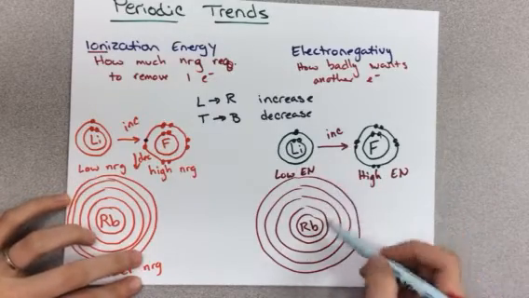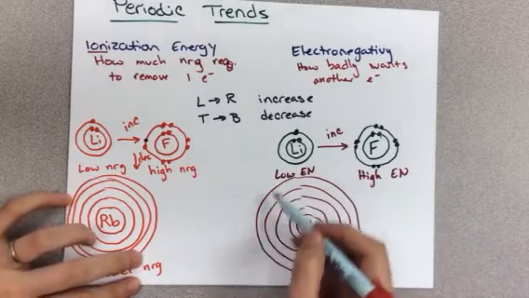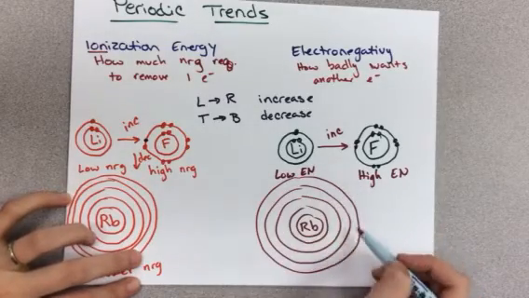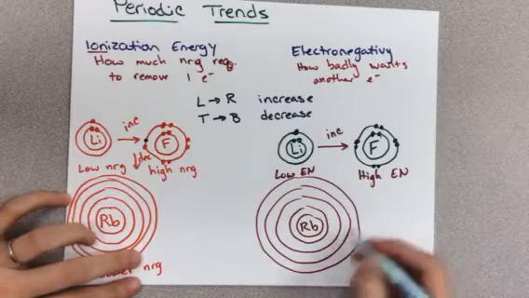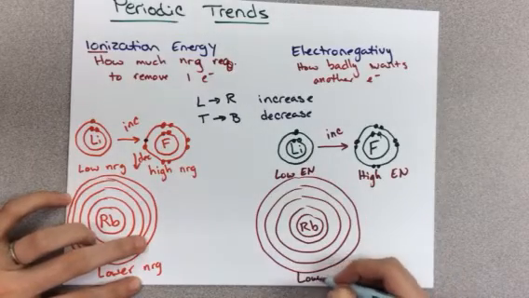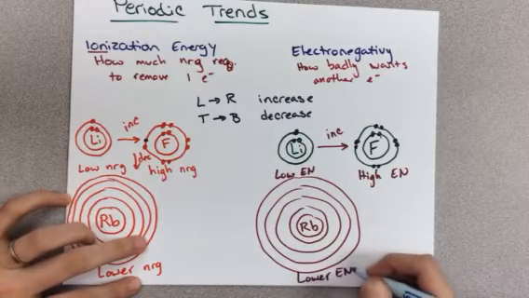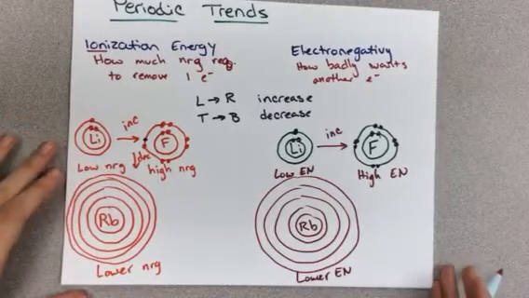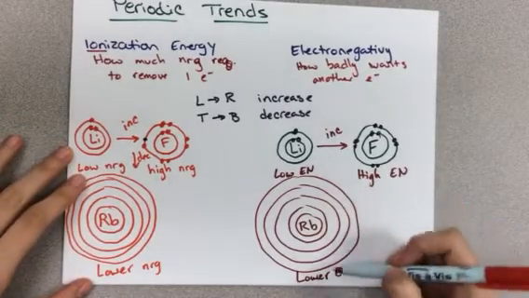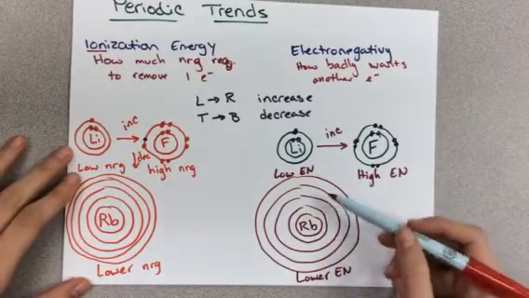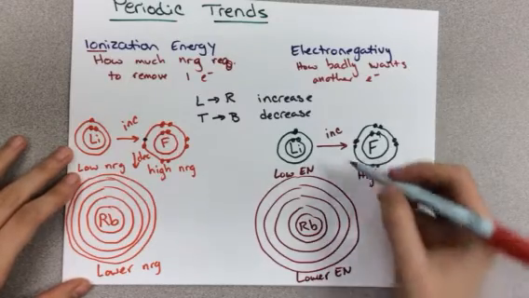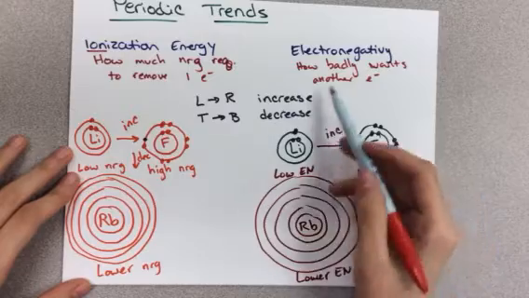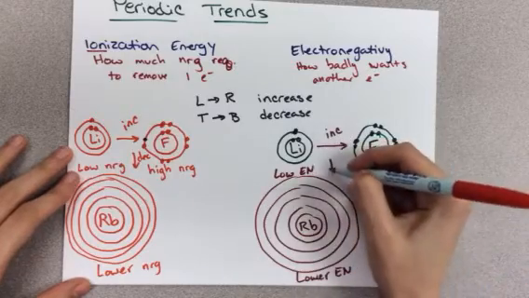However, since these electrons in this outermost shell are so far away, it doesn't have as strong of a pull. So it has even lower electronegativity because ultimately it just can't attract those electrons anymore because they're just so far away from the protons. So as you go from left to right, electronegativity increases, and as you go from top to bottom, it decreases.